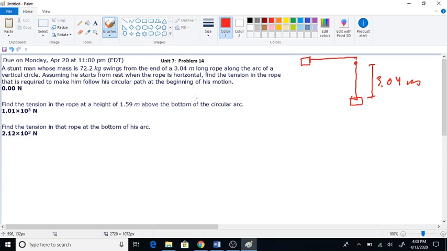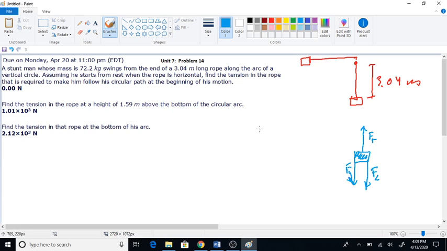If we were to draw a free body diagram real quick, we have Ft this way, and we have two forces to deal with: centripetal force here, and we also have gravity. Very similar to the last problem, but not nearly as hard actually.